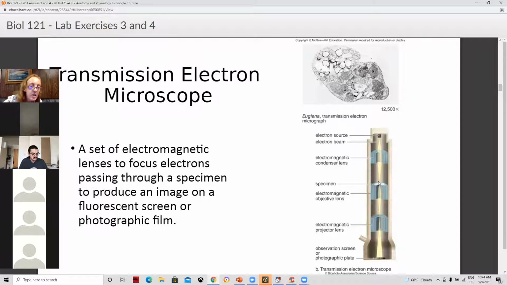And then they hit our specimen and they get diffracted. Those wavelengths of electrons get diffracted. And what we're seeing is a diffraction pattern of the electrons on the screen.